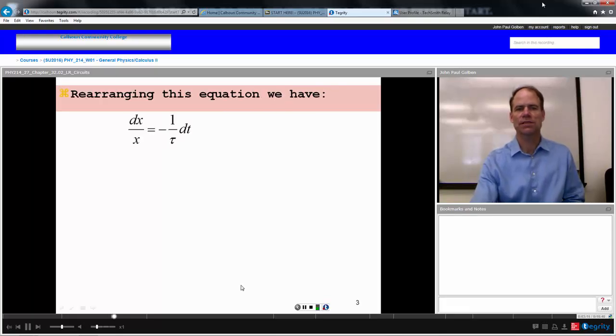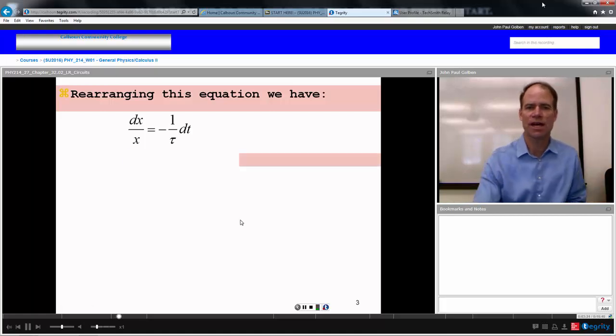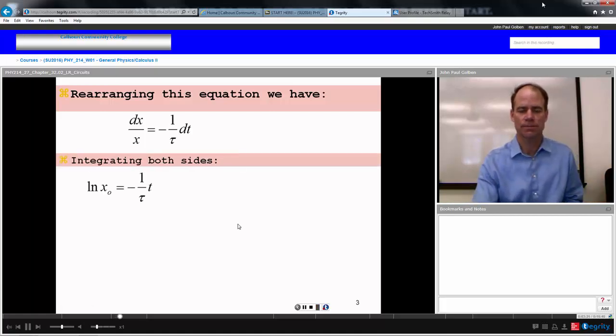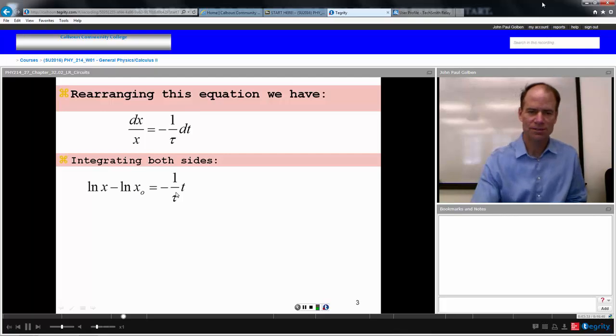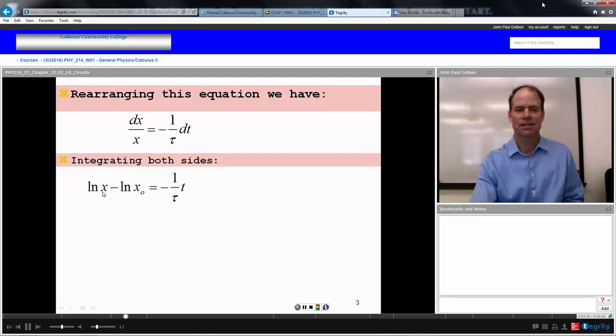Rearranging this equation, I have dx over x is equal to negative 1 over tau, which is a constant, dt. We have two variables. Let's integrate both sides of this equation. And we have natural log of x minus natural log of x naught equals negative 1 over tau times t. This would be natural log of x divided by x naught.